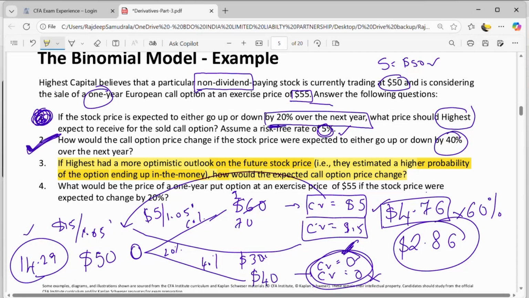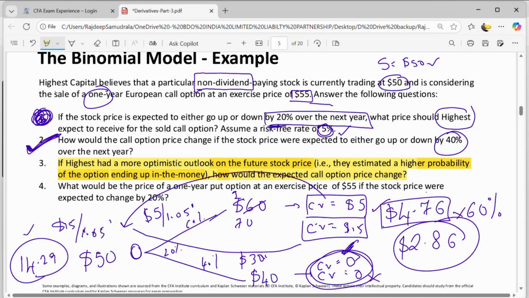They're saying investors had a more optimistic outlook on the future stock price, meaning they feel there is more probability that the stock will be in the money. How would the expected call option price change? Would it change higher or lower? Answer: it wouldn't change, right, sir?